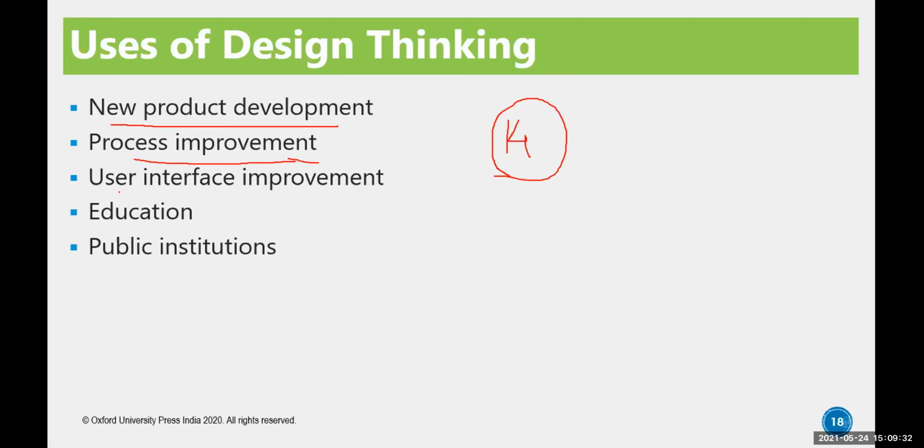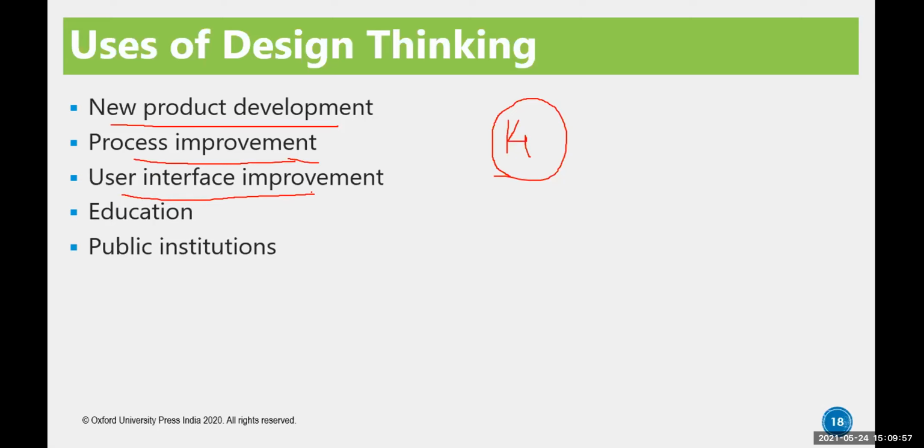Then it can be used to improve user interfaces. For example, let's say you're using a mobile app of Flipkart. Now, if you notice, if you use Flipkart and Amazon to buy products, some people have a preference of one app over the other. Like for me personally, I prefer to shop on Amazon.